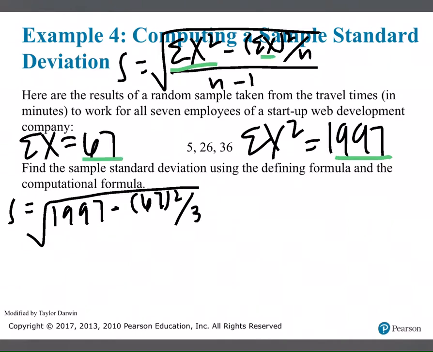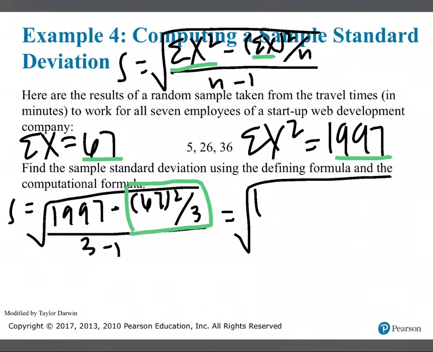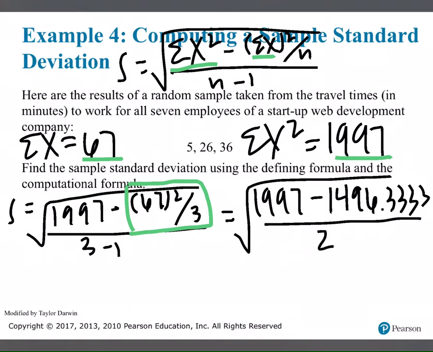That 67 is that sum of x number. We're talking about 3 employees, and then all divided by 3 minus 1. So once again, I would tackle this part first, clean it up, and then go from there. 1,997 minus, when I did 67 squared divided by 3, I got 1,496.333, all divided by 3 minus 1, which is 2.